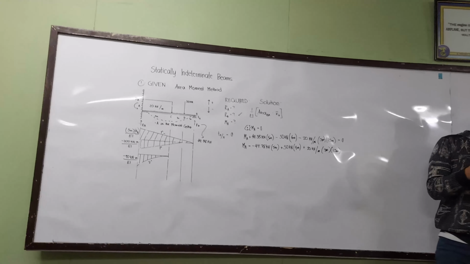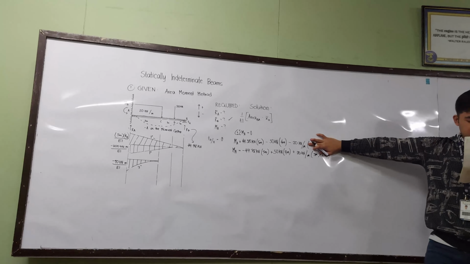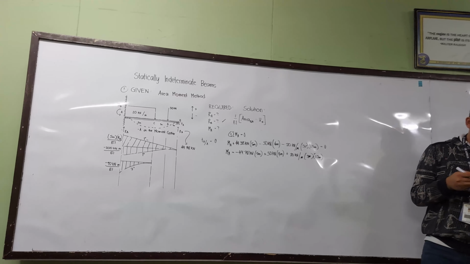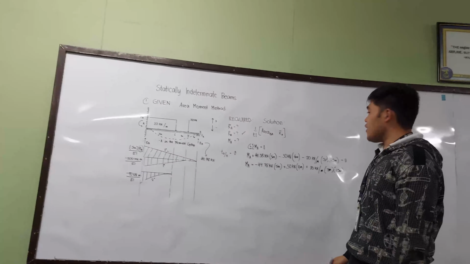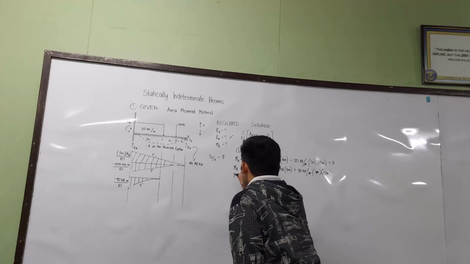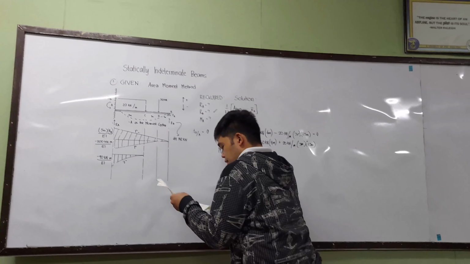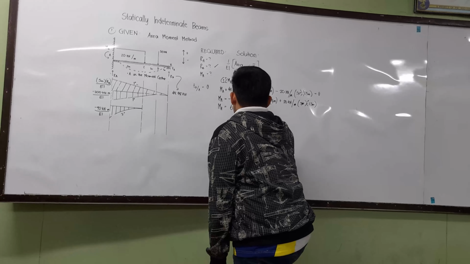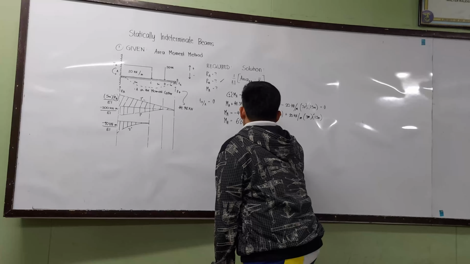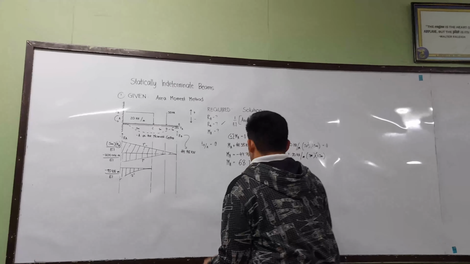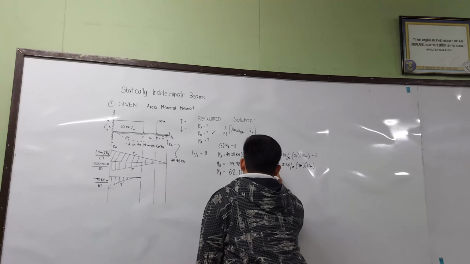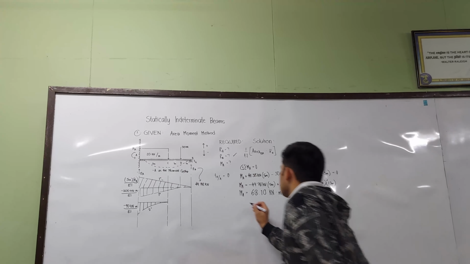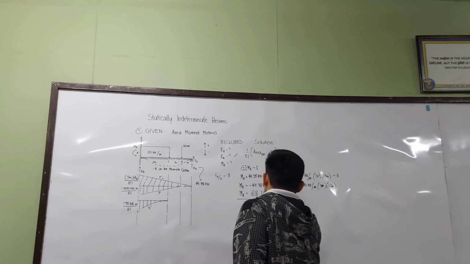Now, by calculating these values, we will get a final answer for moment of A of 68.10 kilonewtons times meters, going in counterclockwise direction.